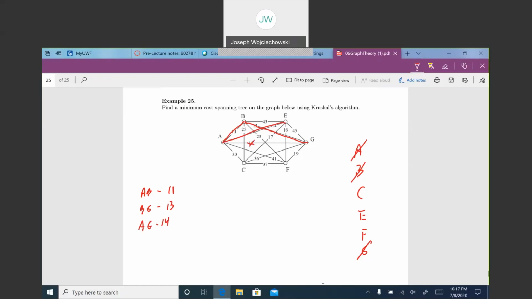I got the 16, which is EF, gets rid of F for me. That's an E. That's 16. And then the only place left I have to go is C. So what's my shortest to C? That would be BC at 25.